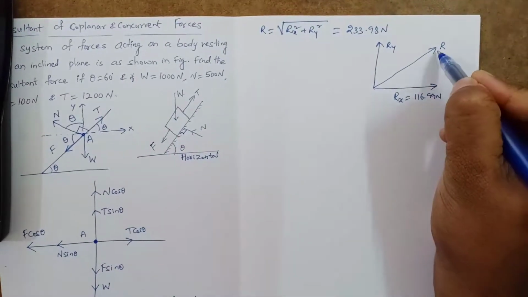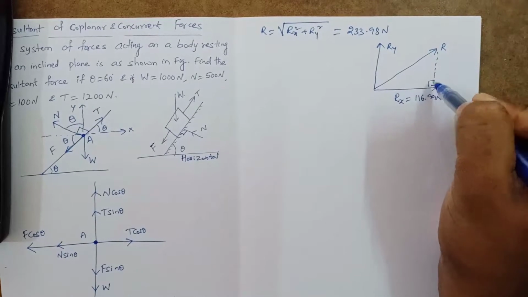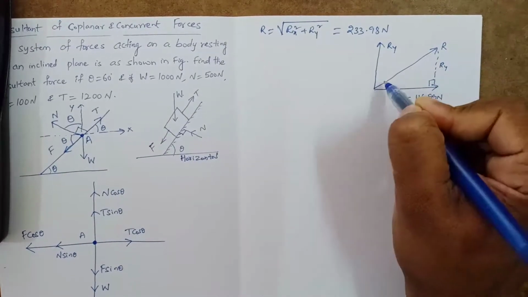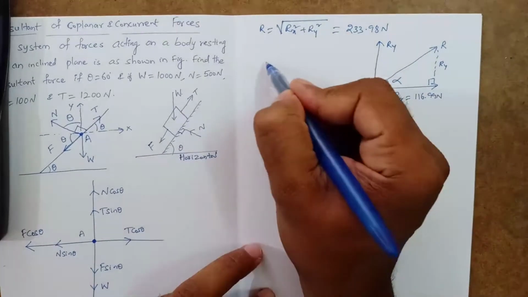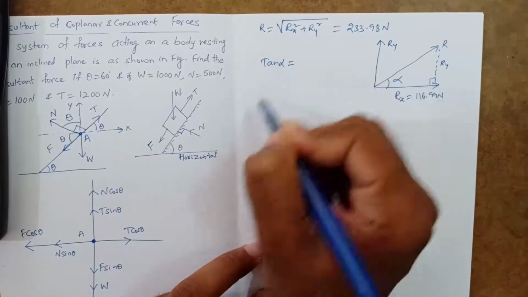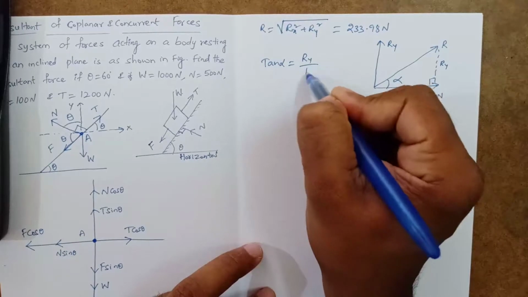Now constructing this triangle here, let us say this angle is some alpha, so tan alpha is equal to Ry by Rx.